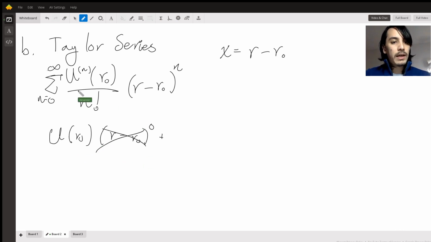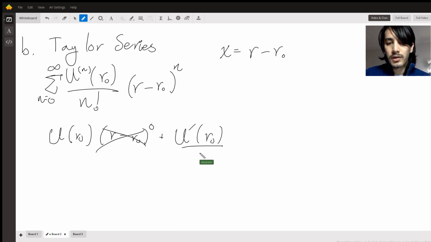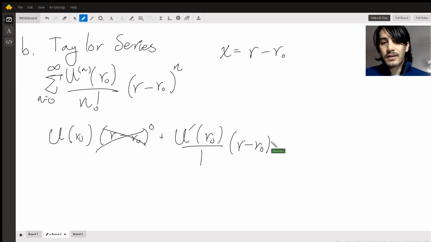Then if we look at the second term, it's going to be n equals 1. So the first derivative of u with respect to r naught over 1 factorial is 1 again, and then r minus r naught to the first power.